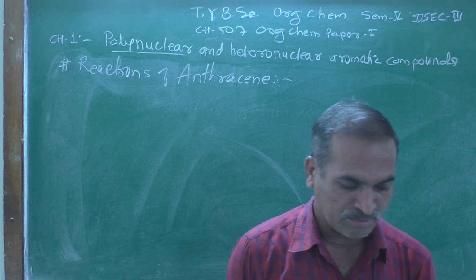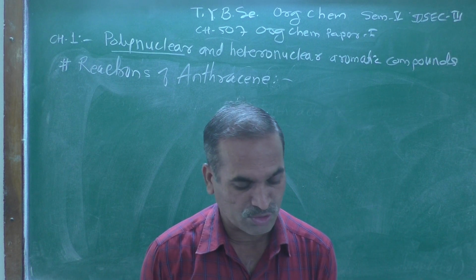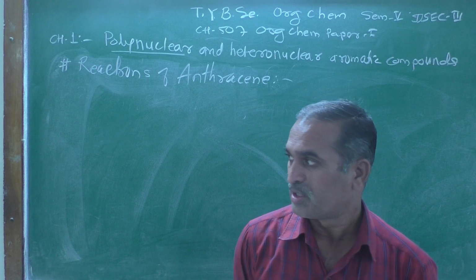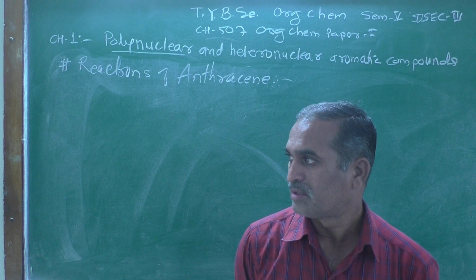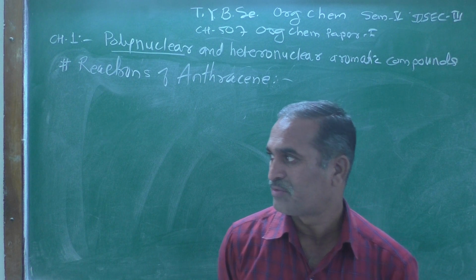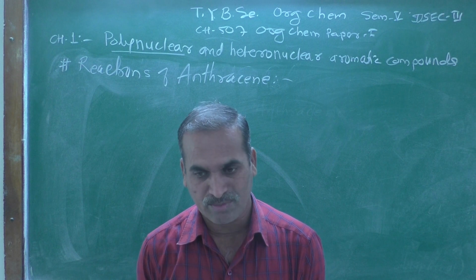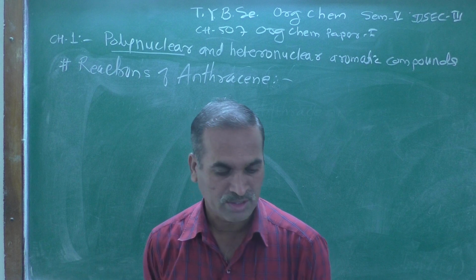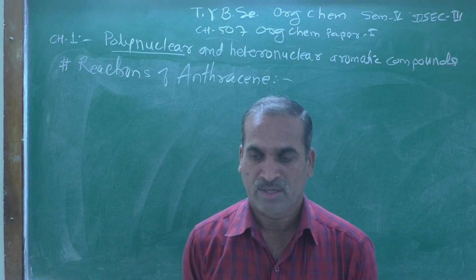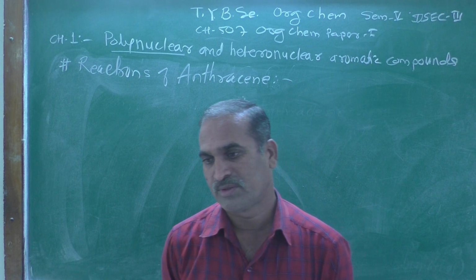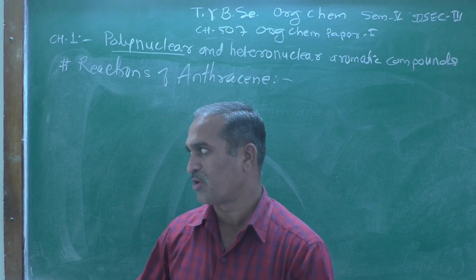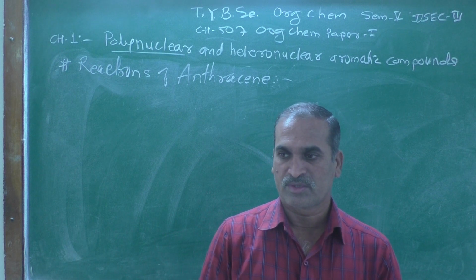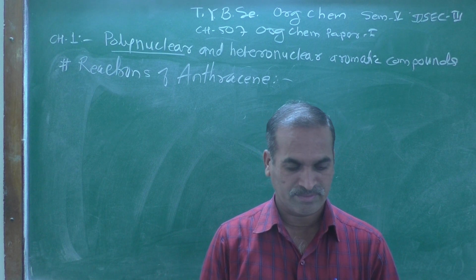So why is the 9th position of anthracene more stable? Only a one-sentence answer: when you show the mechanism, the first intermediate formed is the sigma complex, and that sigma complex is more stable due to resonance. As we know, as the number of resonance structures increases, the stability of that organic compound increases.